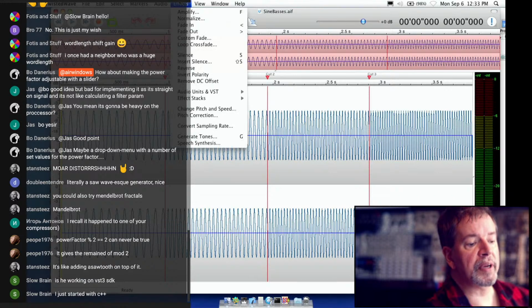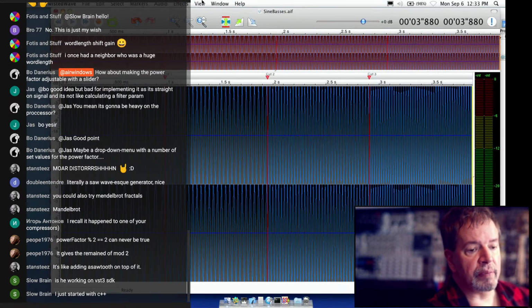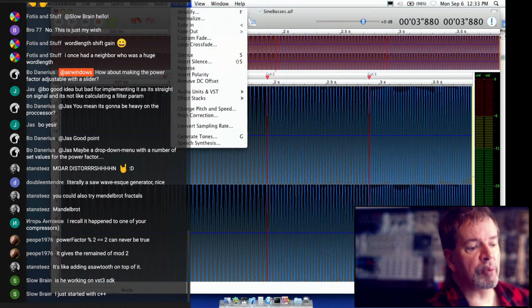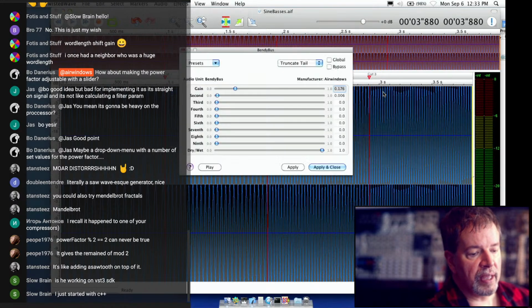Now let's see what we got. This should be interesting. Could be true, could be not. Normalize to 0 dB to get me my exactly 1.0 maximum amount. Fire at Bendybus, and let's hear what we hear from doing this.